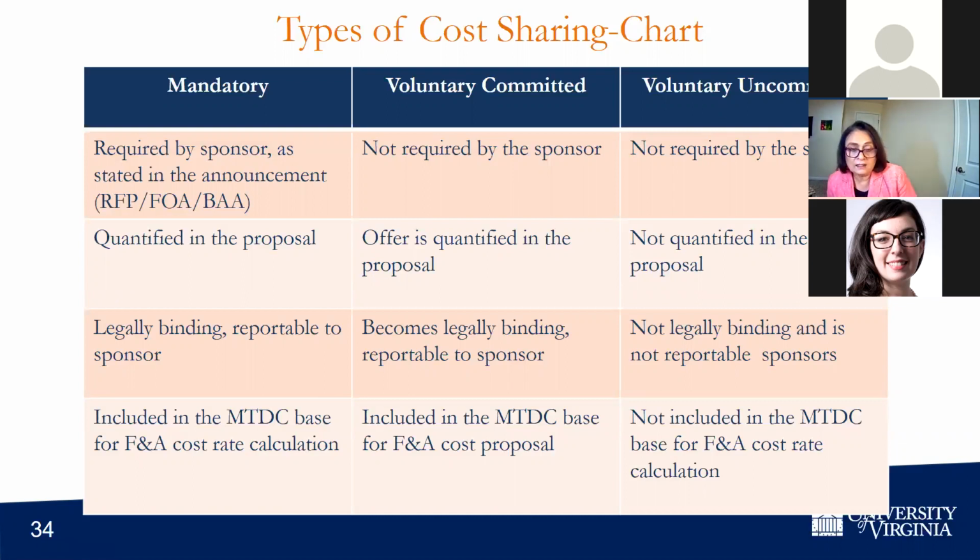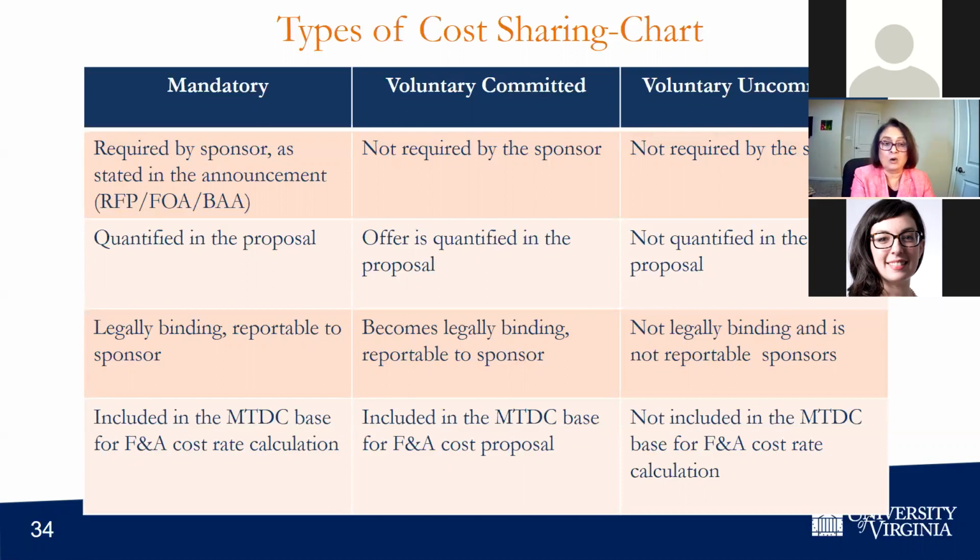Instead of saying that from School of Engineering, PI so-and-so will spend 25% of his time in the budget, we make it voluntary uncommitted by stating in the proposal, PI so-and-so from School of Engineering is available for advice. Not saying 25% of his time.